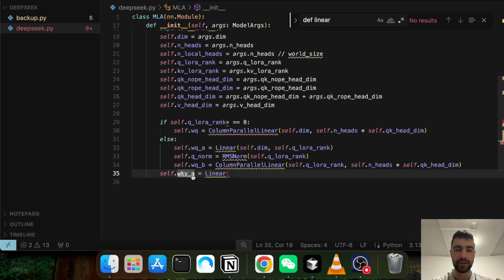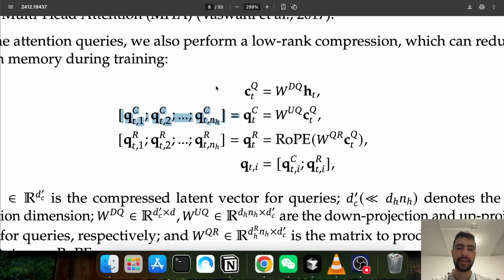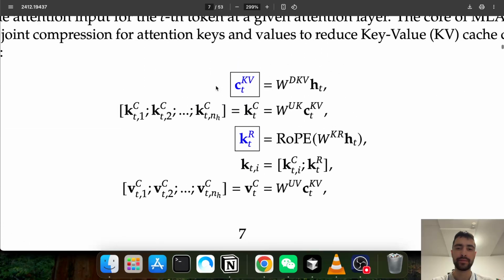We will continue. So we say self WKVA. So this is the first part of the KV matrix. So we will go up here. This is it. This is the first part. This is down KV. So this will convert the vector embedding of this input token into this latent vector that contains information on how to create the key vector and value vector for this input token.